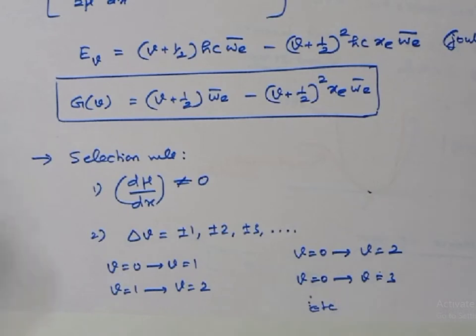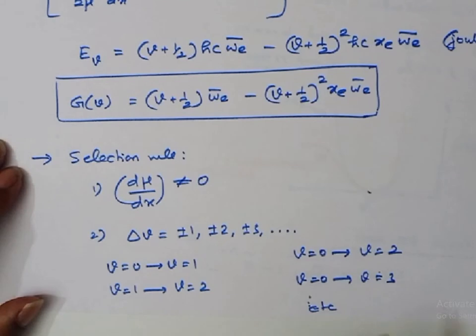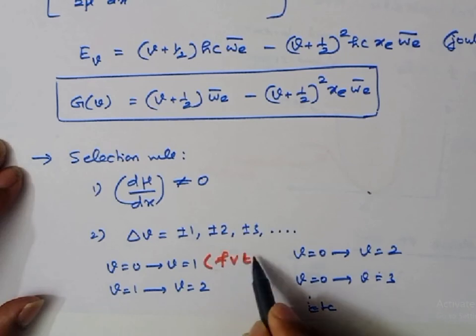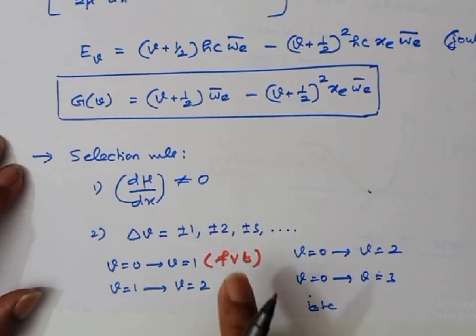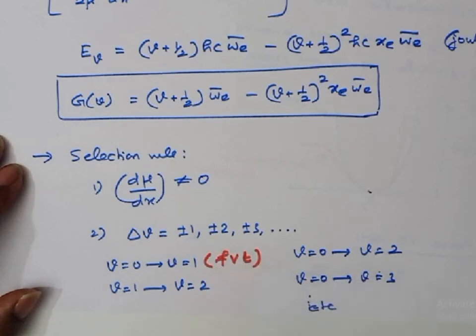And these transitions have some specific names. The transition from 0 to 1 in the ground electronic state is what we call the fundamental vibrational transition. I'll write it like this, FVT. In the last class I discussed all these things. FVT means fundamental vibrational transition.